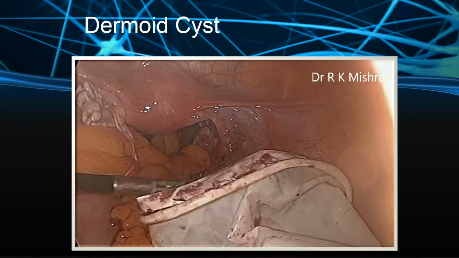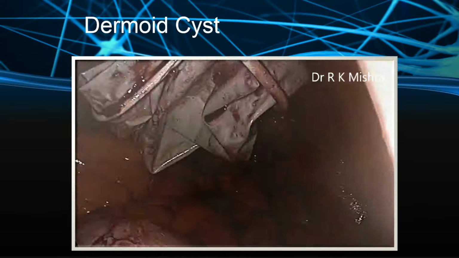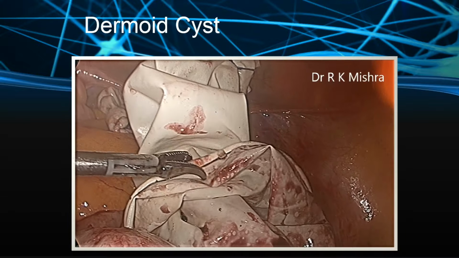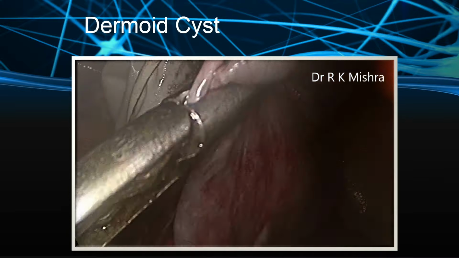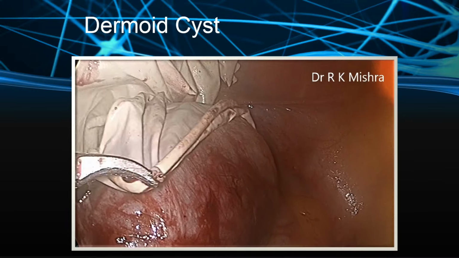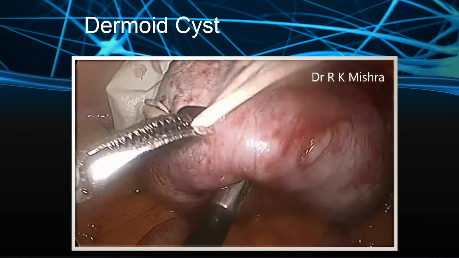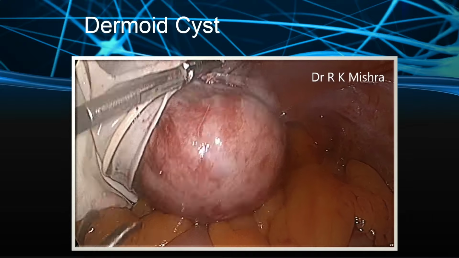If you have a commercially available endobag, it is good because it has a metal ring to scoop. Otherwise, here you have to roll it like a ball. So, hold it, open it, because it is not the size of the cyst. If you try to negotiate it, it will start escaping out. So, you have to roll it like a ball.